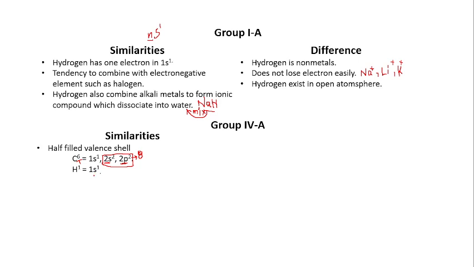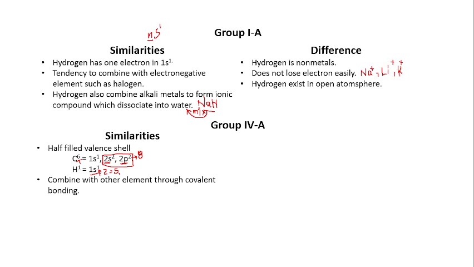Likewise, hydrogen has the electronic configuration 1s1. As the s subshell can contain only 2 electrons, hydrogen with 1 electron also has a half-filled valence shell. So the carbon family and hydrogen both have half-filled valence shell configurations. That is the first similarity between the carbon family and hydrogen.